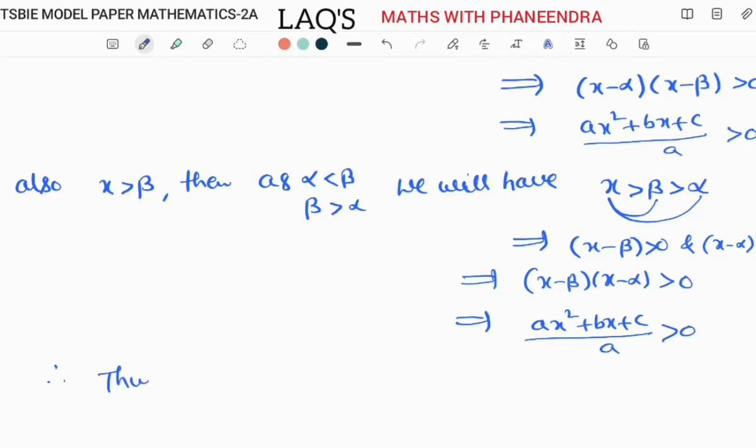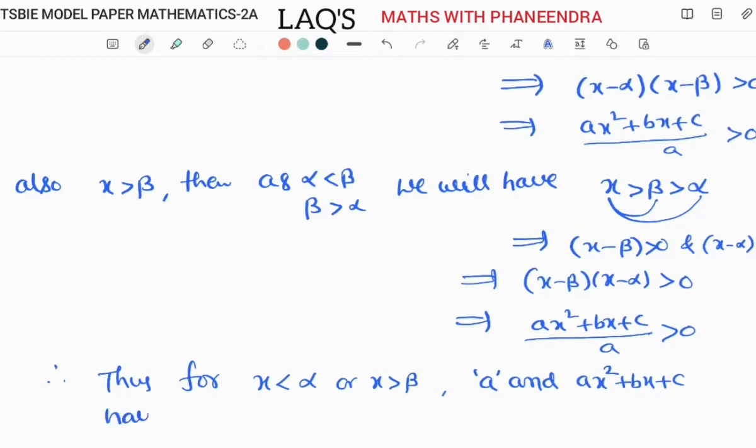Thus, for the values of x less than alpha or x greater than beta, a and the expression ax square plus bx plus c have the same sign. That's what they are asking to prove, no? Hence proved.